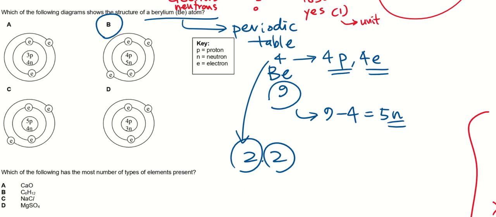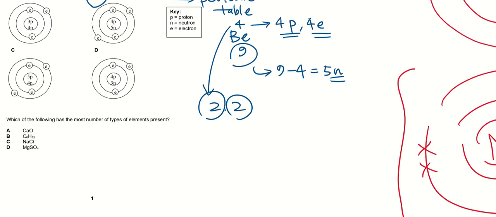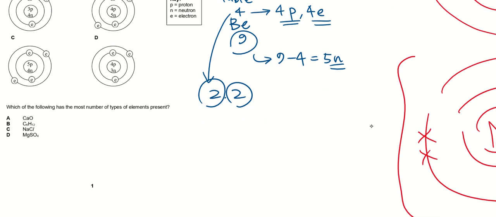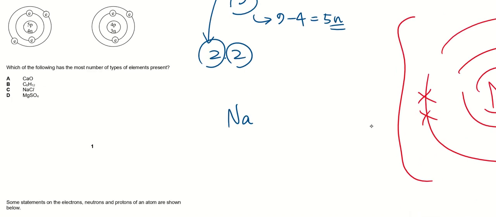Who is in Group 1? Who is the first one? We have sodium, Na and K, right? K is how much? 19, 2, 8, 8, 1. Correct?